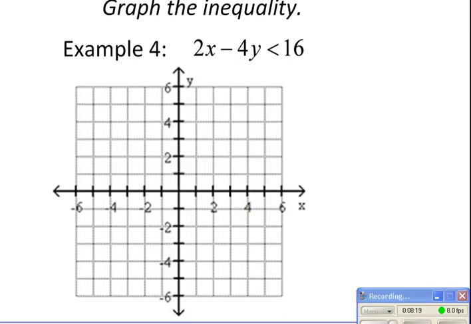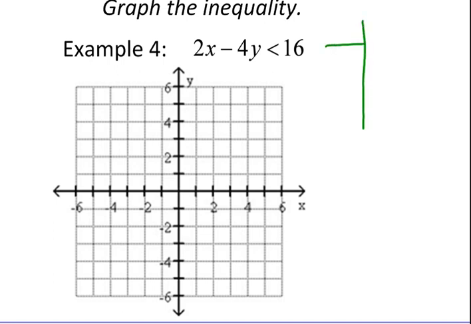Example 4 is not in y equals mx plus b form, but example 4 is in standard form. So what I'd like to do is create an XY chart. If you're uncomfortable with an XY chart, you can also put it in slope-intercept form if that's easier.